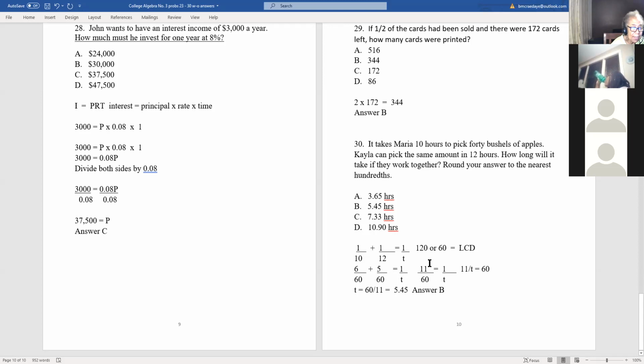Just divide 60 by 11, and that will give you your answer. So you can shortcut it. Got it?